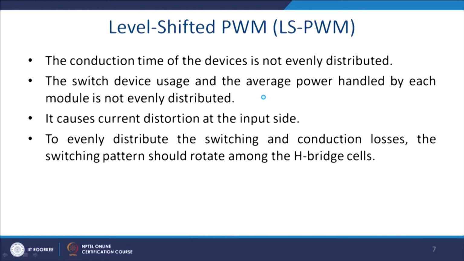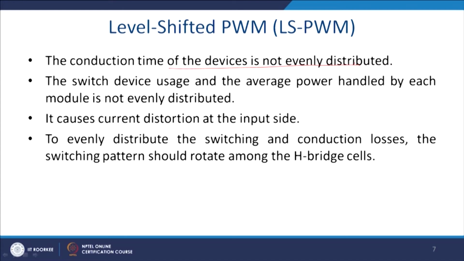Few more observations. The conduction time of this device is not evenly distributed, as we have seen, and due to that the conduction losses of the different cascade H-bridge multilevel inverter entities will be different.